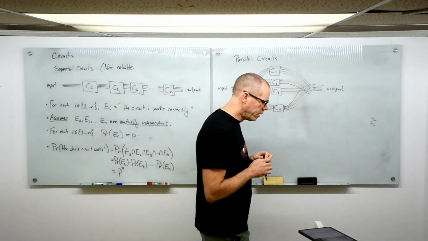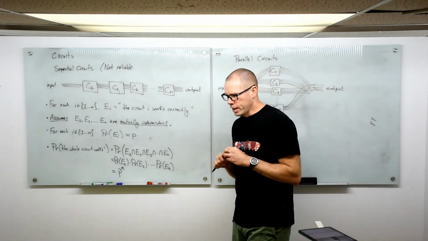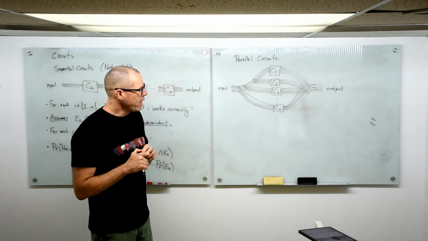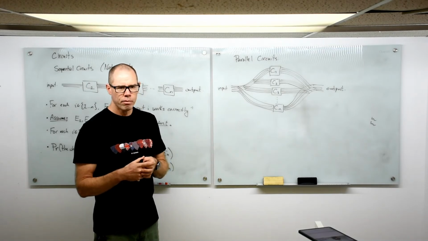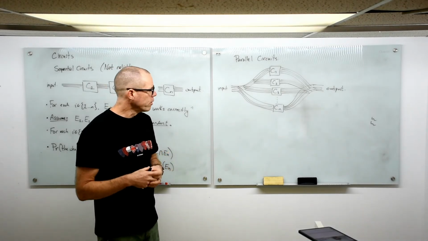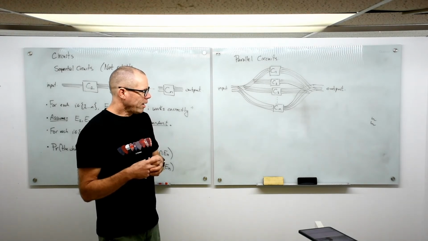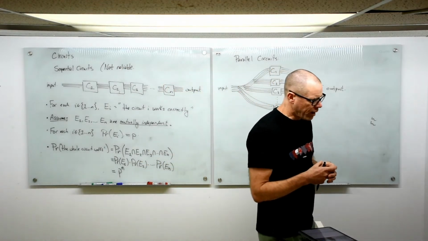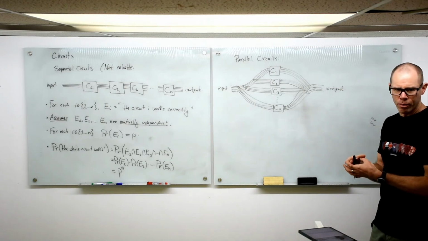VLSI has gotten so good that a CPU that fits on your motherboard is so big compared to the size of VLSI circuits that it's easy to fit 8 cores on one of those things.